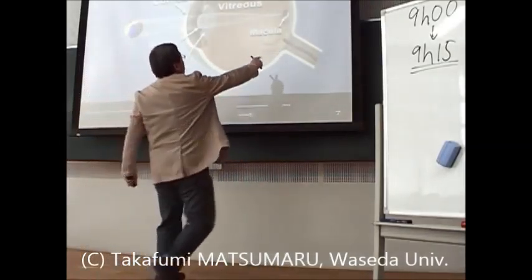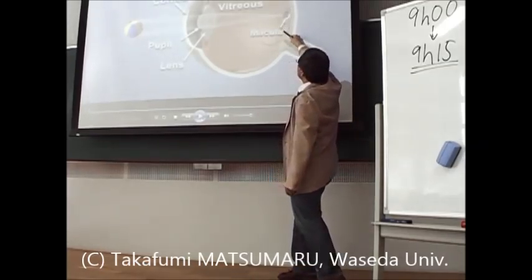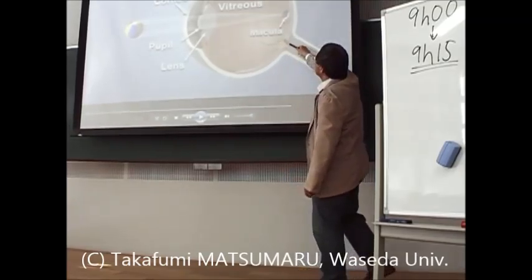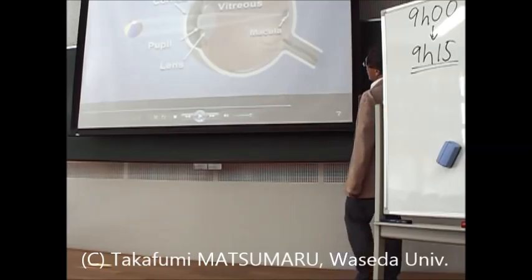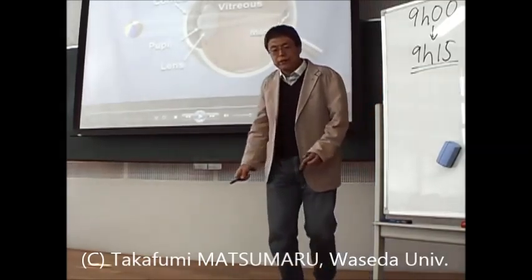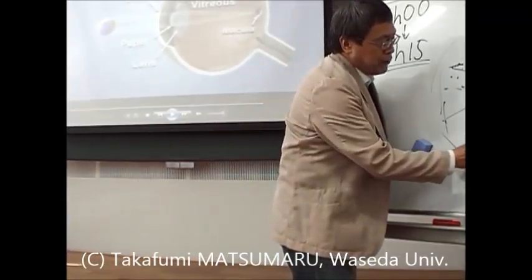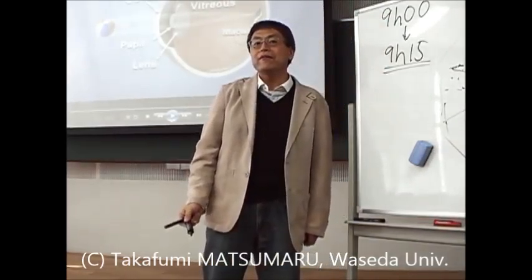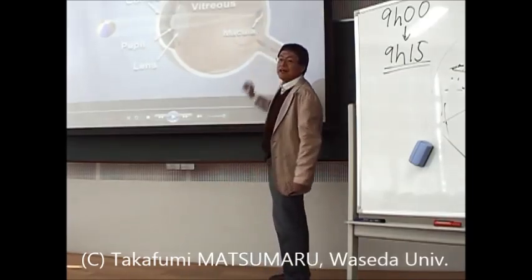And also around this spot there are nerve strings that go through to the brain, so this part has no visual cells and no detector, so we cannot see this part.